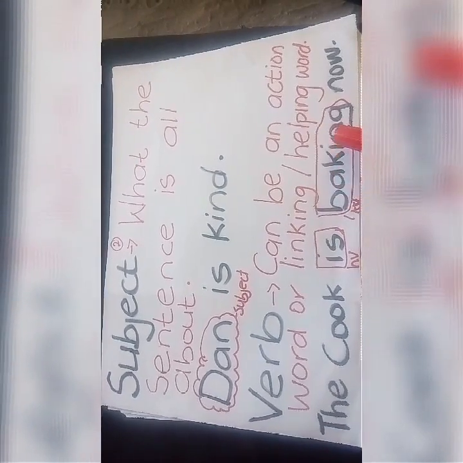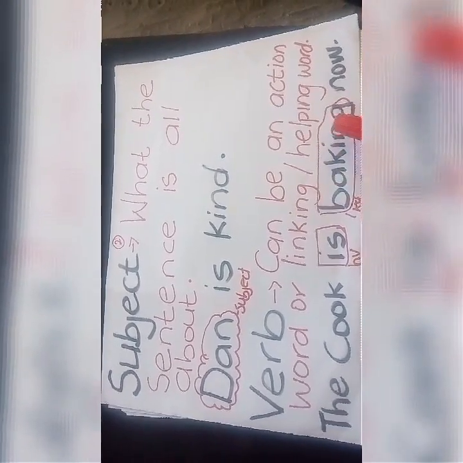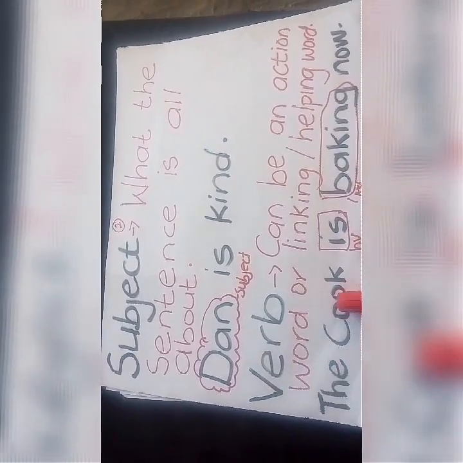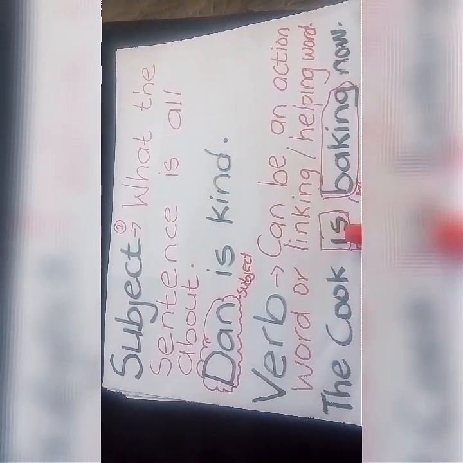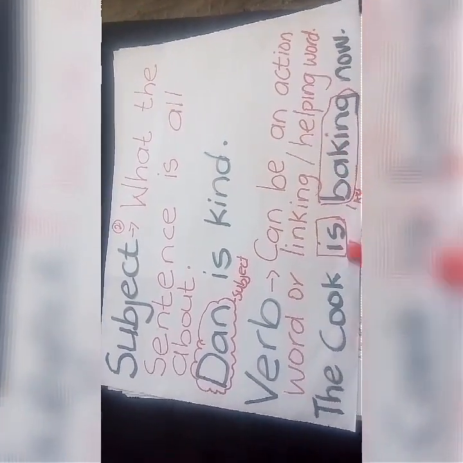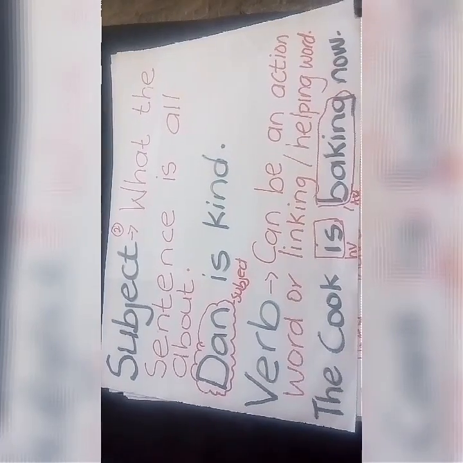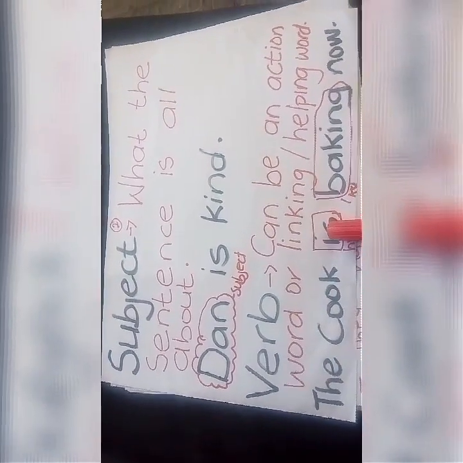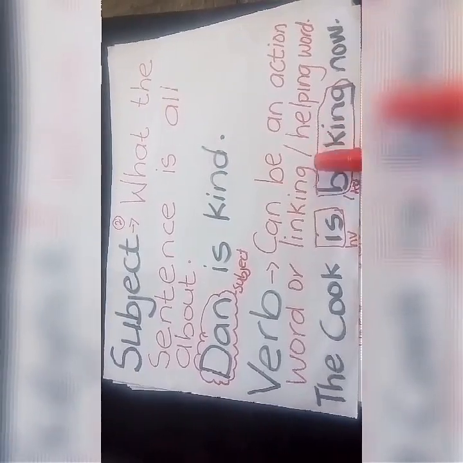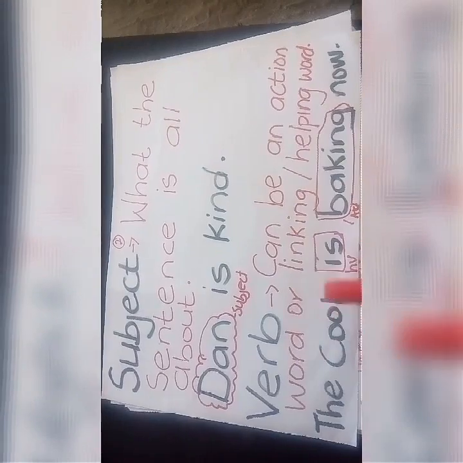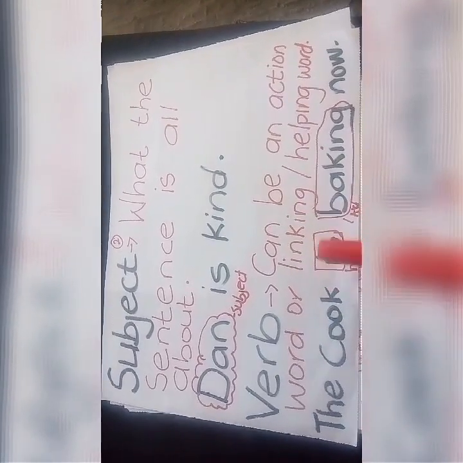So here we have our subject, the cook, "is" our linking or helping verb, and "baking" our action verb to complete this sentence. So now the subject, the linking verb, and the action verb must agree in the sentence so that your sentence is clear.